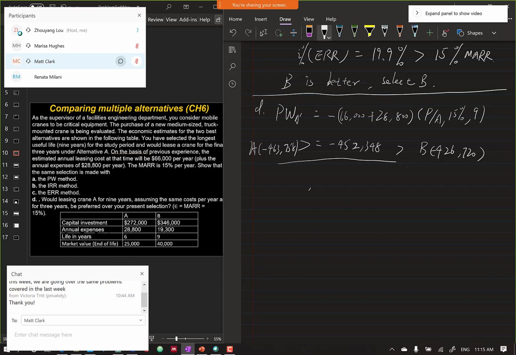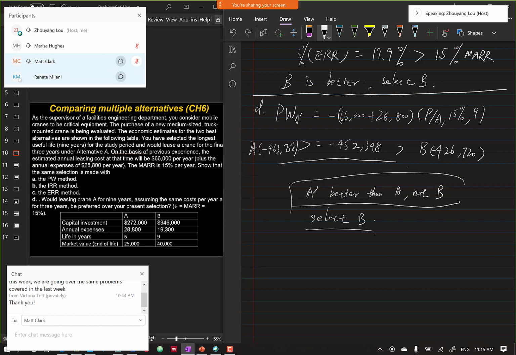So the leasing project A prime will be better than A, but not better than B. So if we consider all these three projects, we will still select B. That's the final conclusion.